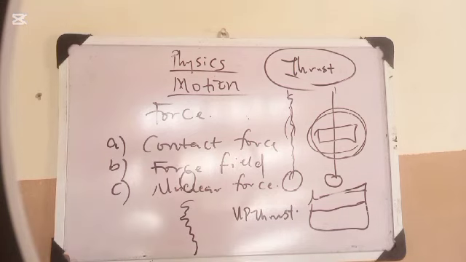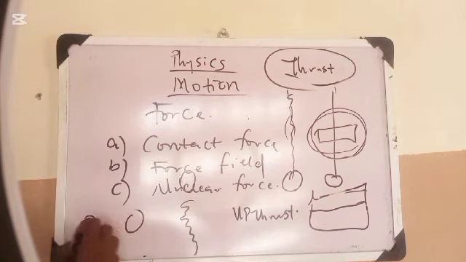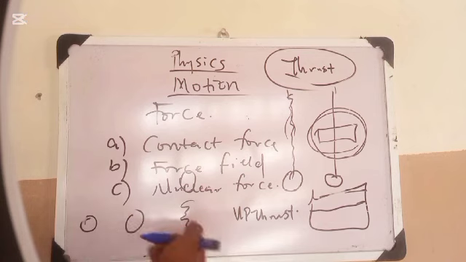We have three types of force field. This is the region or space where force can be experienced. I know you were taught the three types of force field we have: the magnetic force field, the electromagnetic or electrostatic force field, and the gravitational force field, the region where these forces can be felt or experienced. For example, with the magnetic field, you must not bring a magnet close to iron for it to attract.